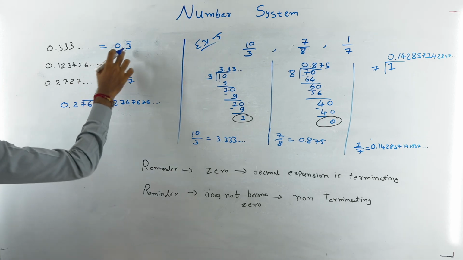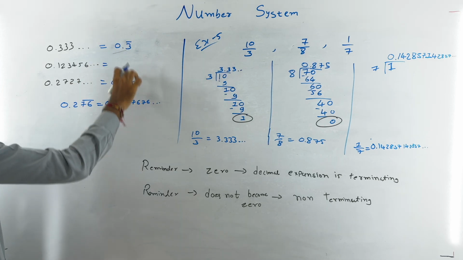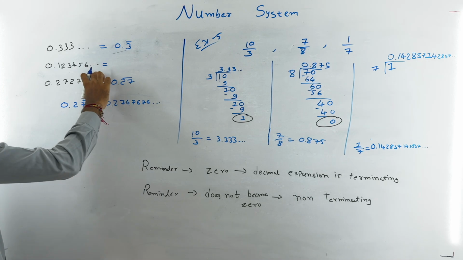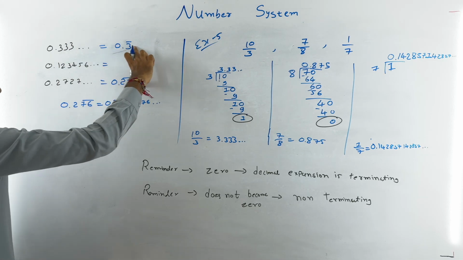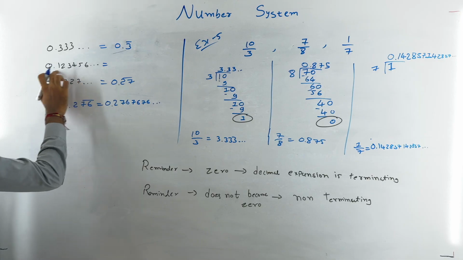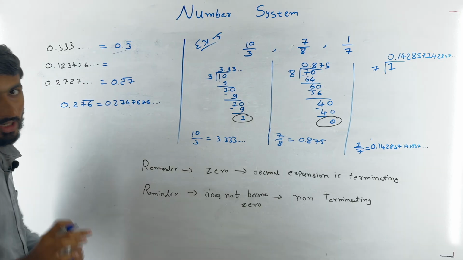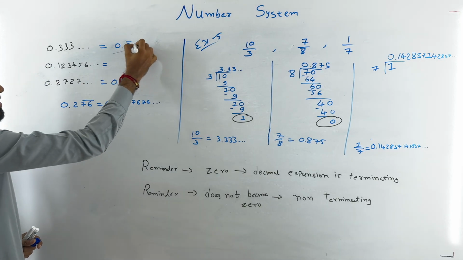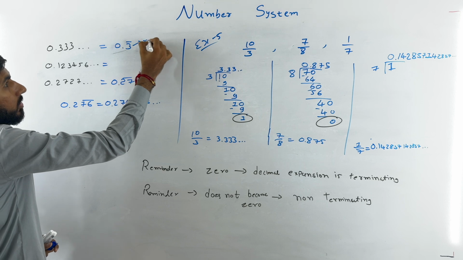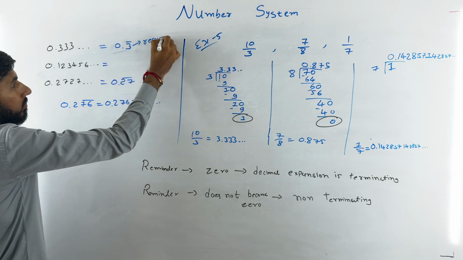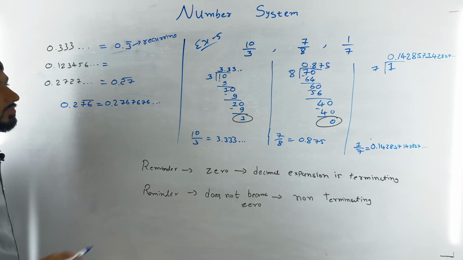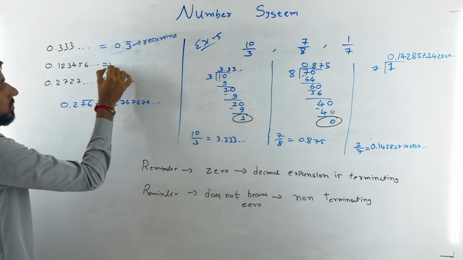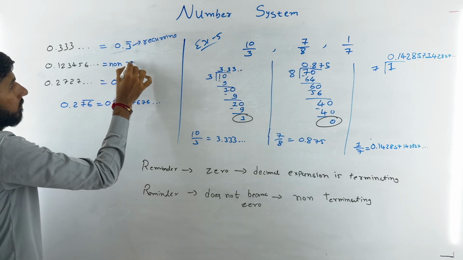So this number and this number are non-terminating numbers. This is also a non-terminating number, but these both numbers repeat some pattern or some digits, while this number does not repeat any digit or any pattern. So we call this type of numbers recurring, and this type of numbers non-recurring.